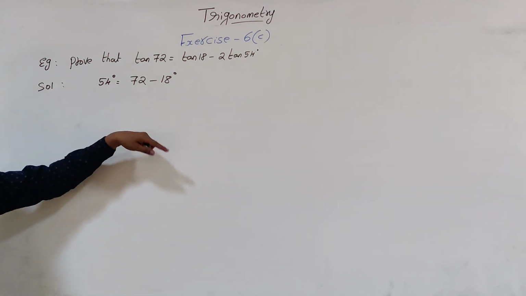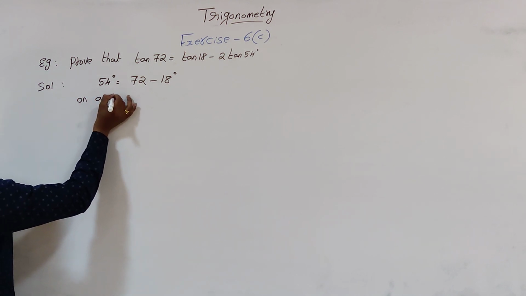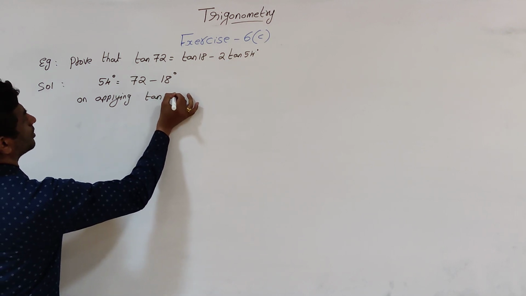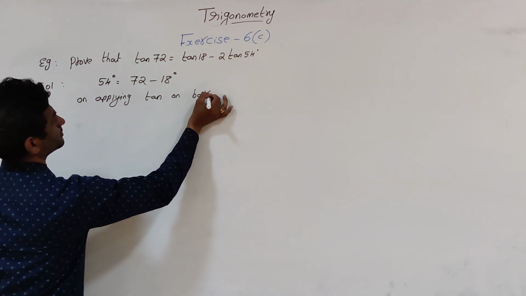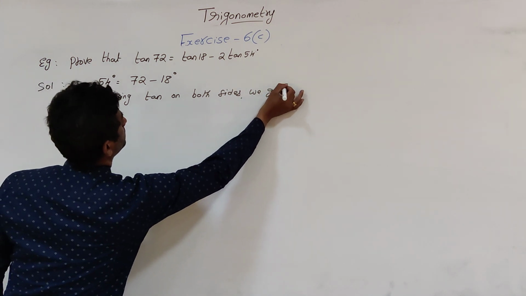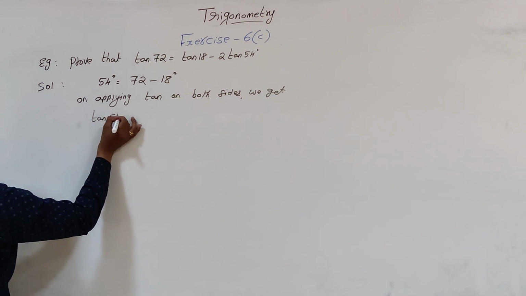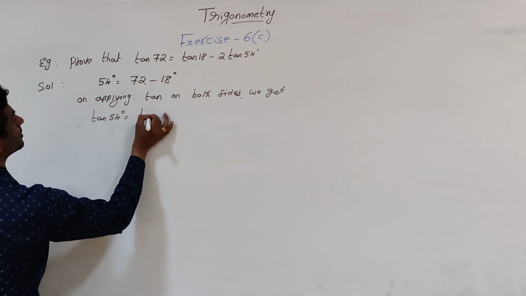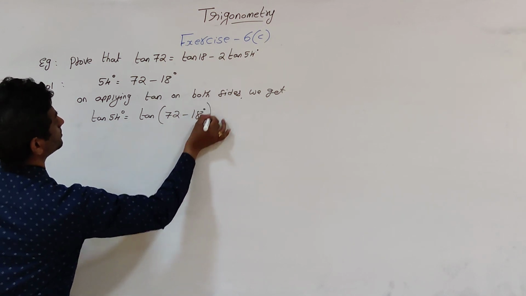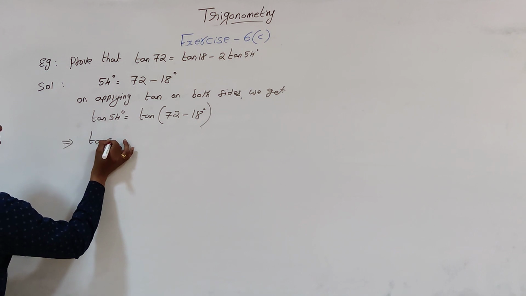Now apply tan on both sides. On applying tan on both sides, we get tan 54 degrees is equal to tan of 72 minus 18. It implies tan 54.